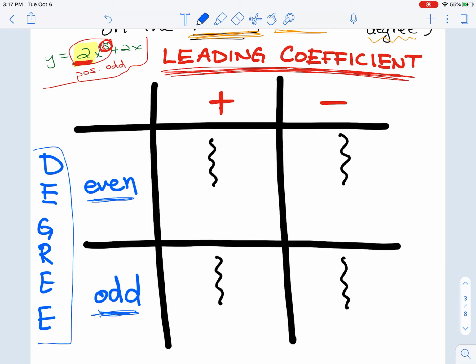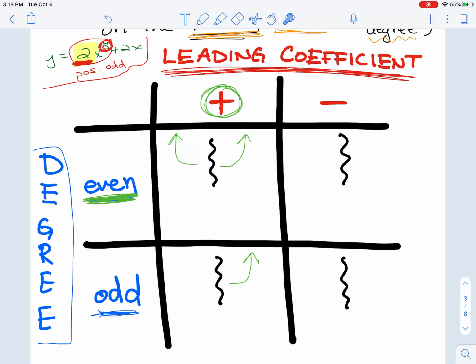So here's what we know. I'm going to put this one in green. If it's positive, it always ends up. Now, if it's an even degree, they match on each side, meaning even Steven, they match on each side.